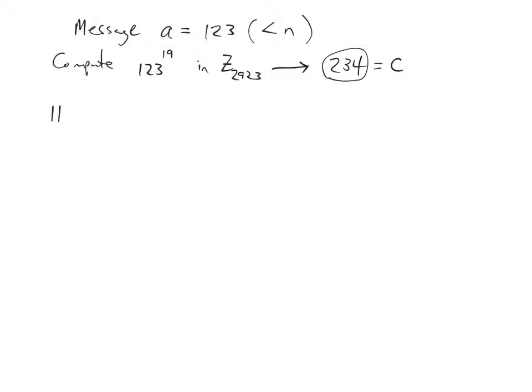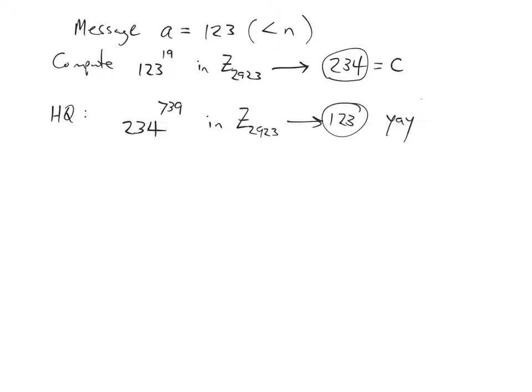But back at headquarters, we compute 234 to the D, in Z sub 2923, and this gives us, again using the same modular exponentiation algorithm, we put in 234 for A, and E is 739, and N is still 2923, and the answer is 123.